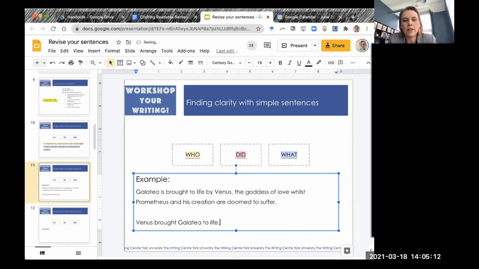This is at the heart here. This is a simple sentence that we can pull out of this complex sentence: Venus brought Galati to life. And then the rest of the sentence is the goddess of love. This is a good example because we're going to get into these rules.